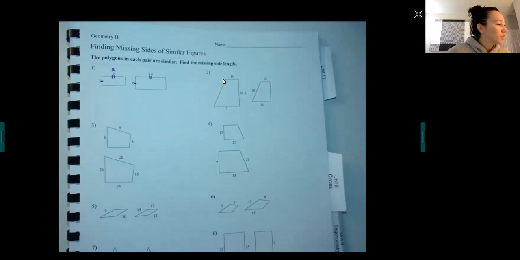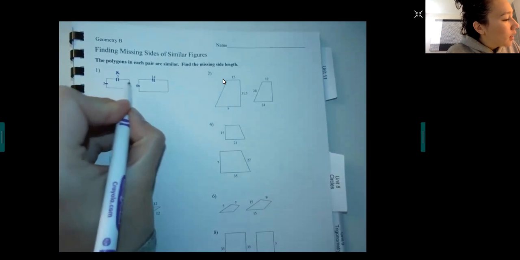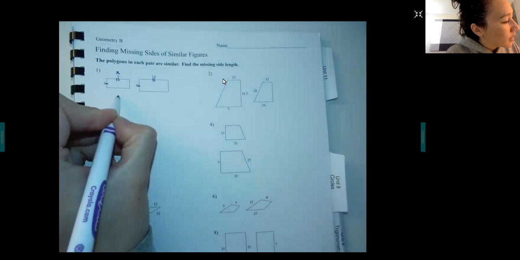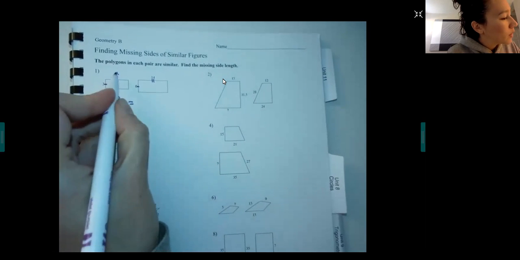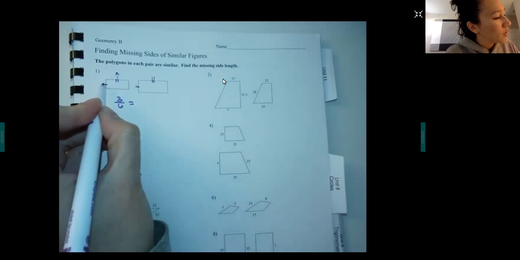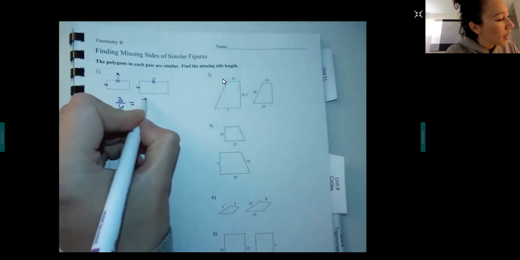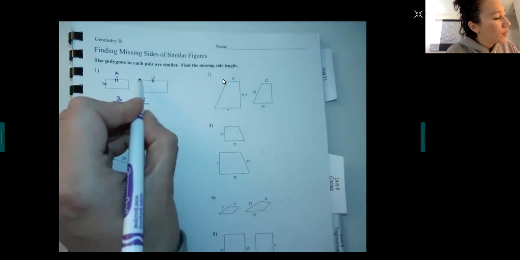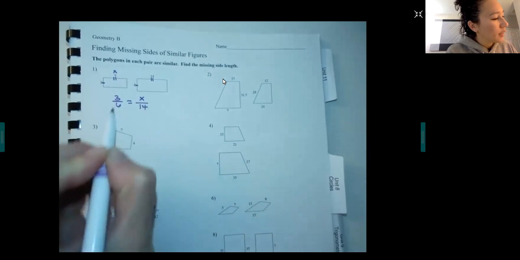And then once we mark the corresponding sides, next we write the proportion. So 3 corresponds to 6, so that's 3/6, and that equals X. So we did the small rectangle on top, so we're going to do the small rectangle on top again, over the long side on the large rectangle, which is 14.